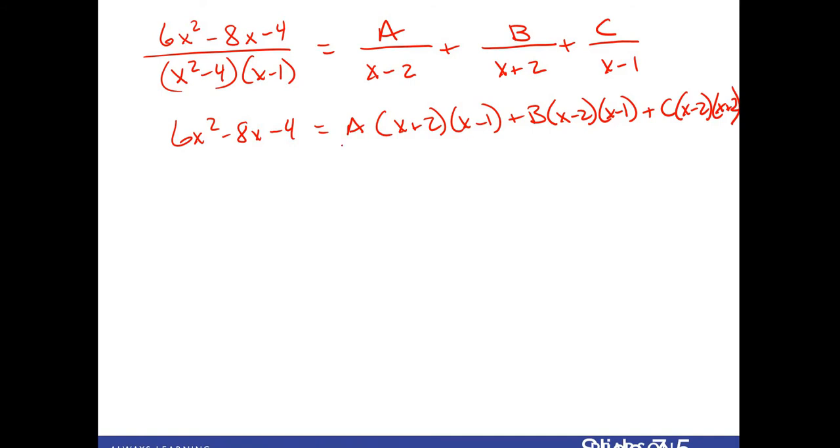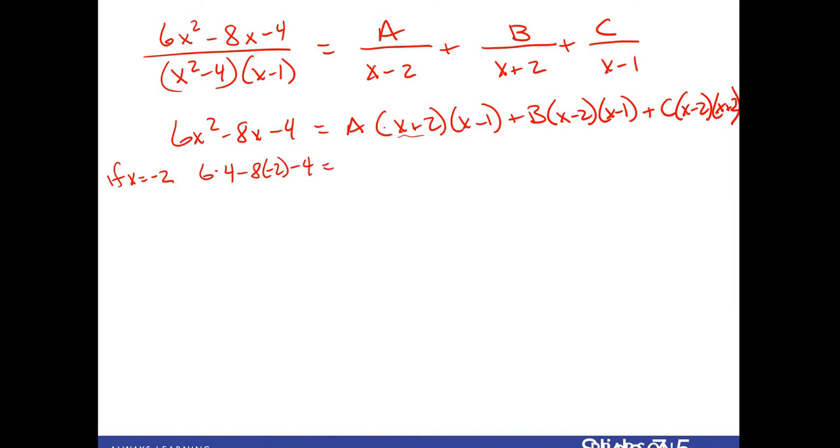Now I could FOIL this all out and get a big long polynomial with coefficients for x squared, x, and negative 4, but let me show you another method. I'm going to take each of these linear factors and one at a time put in a number that will make one of them 0. So starting with x plus 2. And I'm going to say if x equals negative 2. So on the left side I have 6 times negative 2 squared, minus 8 times negative 2, minus 4.